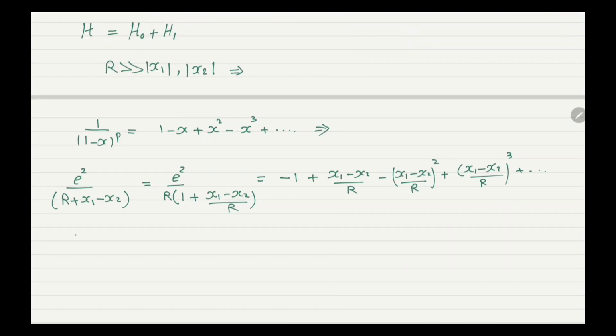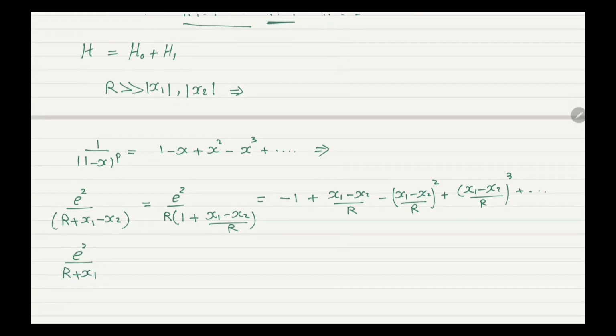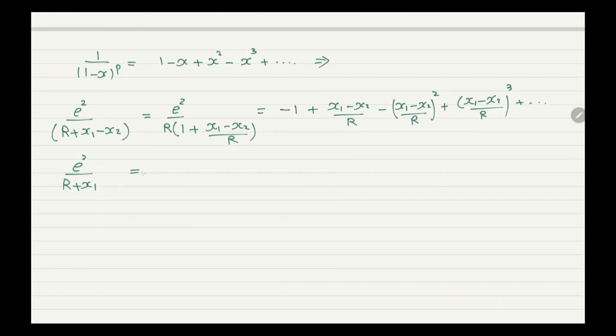Now let's expand e squared over R plus x1. This is equal to e squared, again using the same rule, with R as a common factor, 1 plus x1 over R. And remember, R is very large and x is very small, so this amount is very small and this series is applicable here.